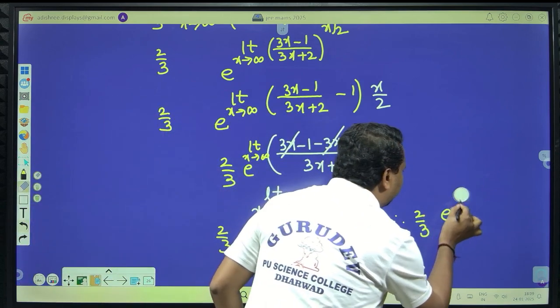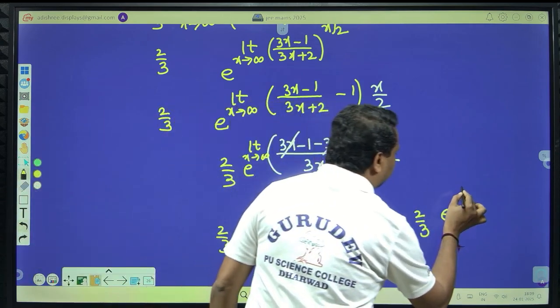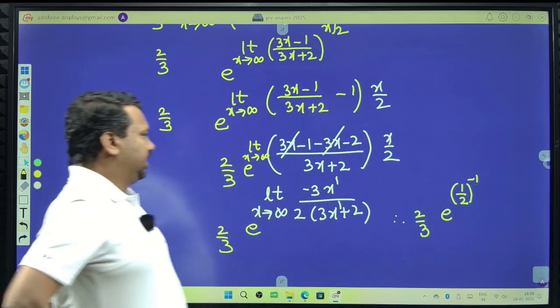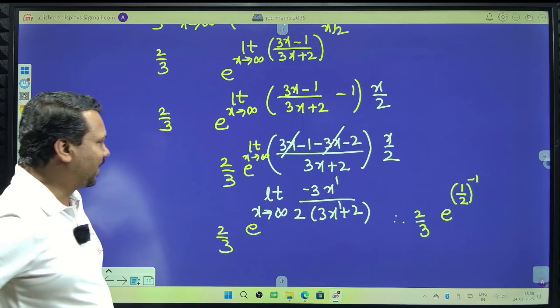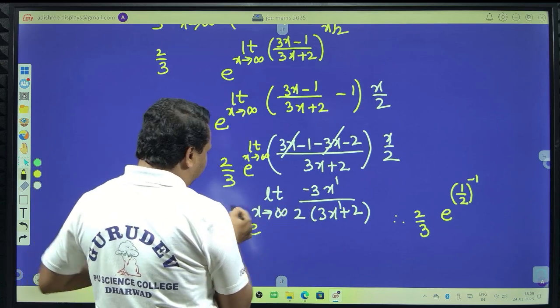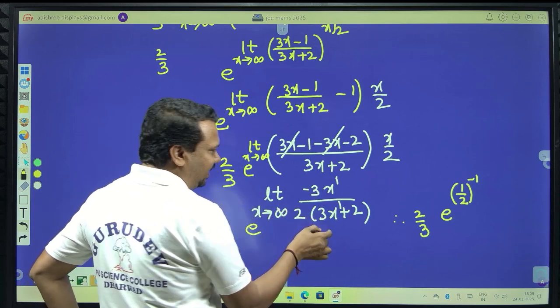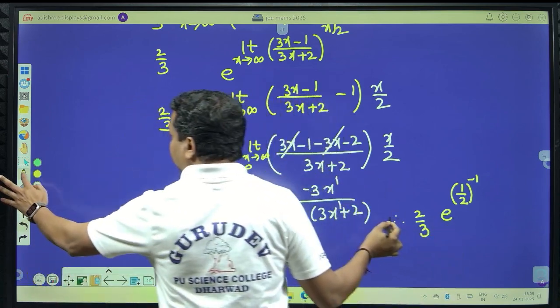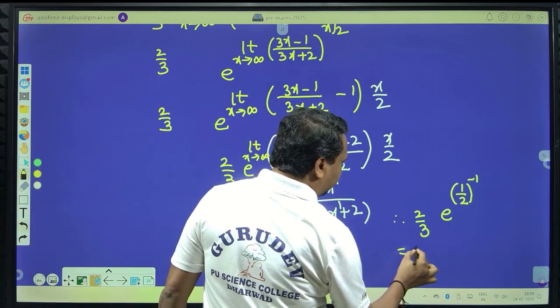I made a big mistake, kindly excuse me. My dear students, please note. Okay, I repeat once again. The limit as x extends to infinity, you can keep minus 1 by 2 outside. 3 divided by 3 will get 1. Therefore, minus 1 by 2 is left.